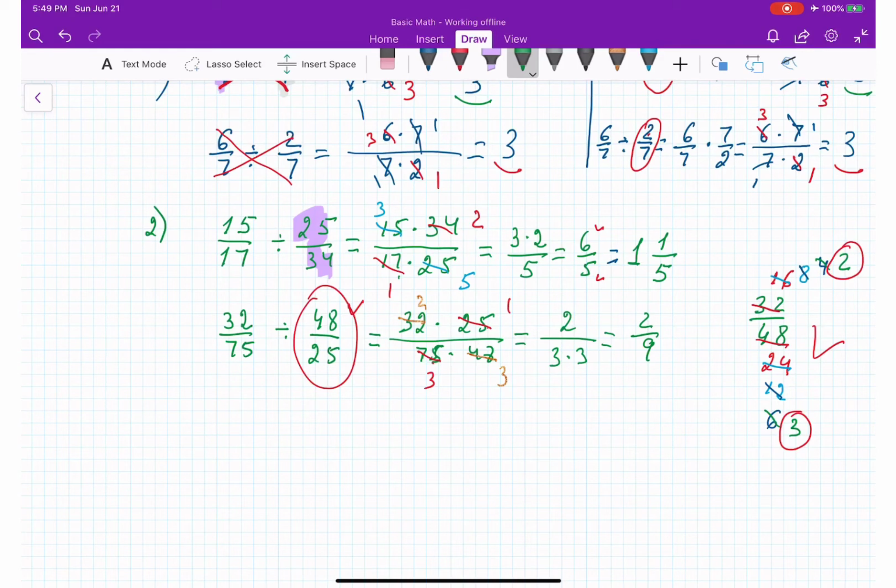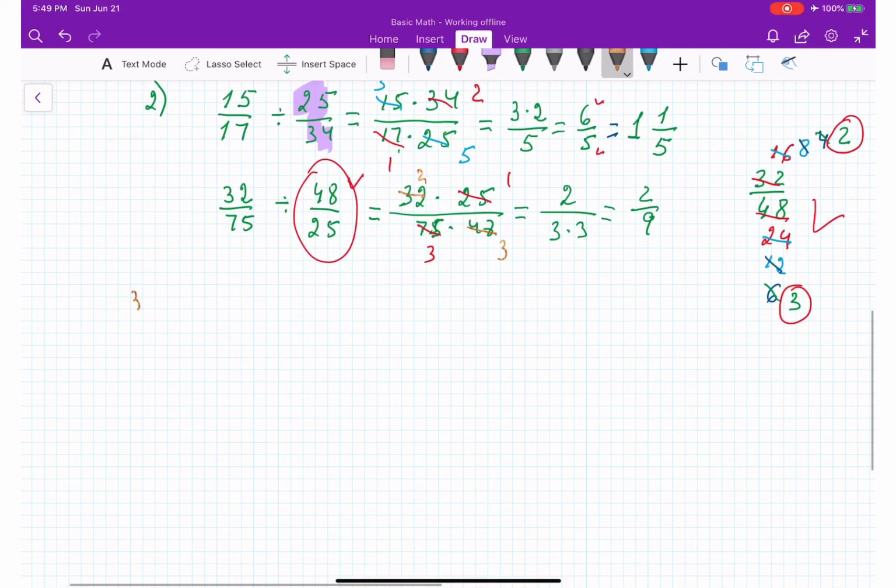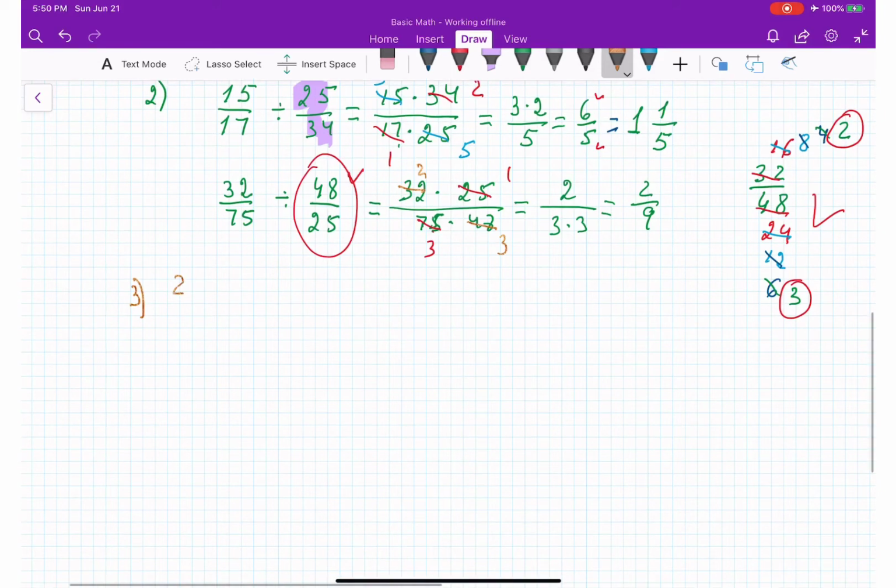All right, moving to the next type of problem. Division by whole number. We divide a fraction by a whole number. So let's see, 2 over 5, we divide by 3. So what we're going to do, if I flip 3, because 3 I understand as 3 over 1, right?